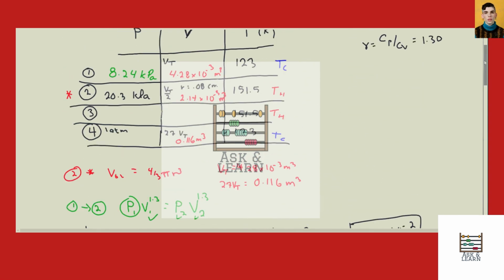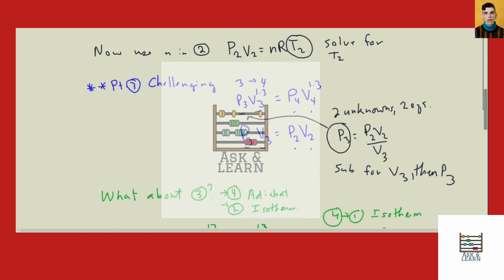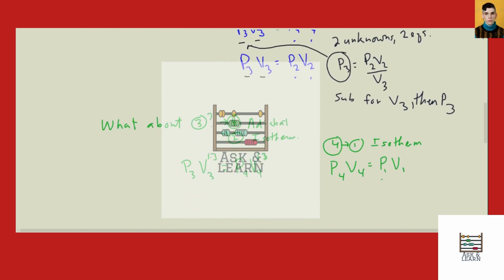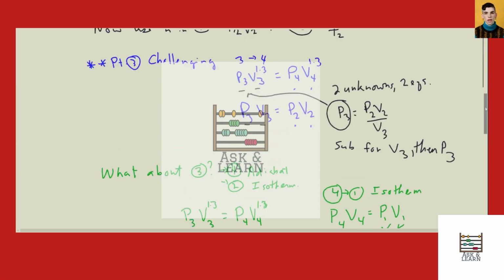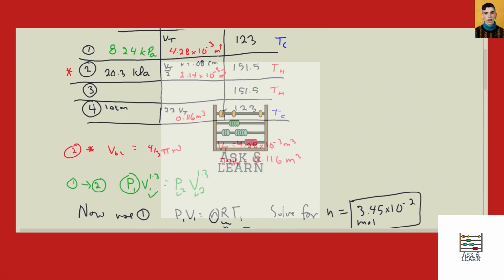And we definitely know both of those at point 1. And we also know the volume at point 4. So we can solve for pressure 4. And again, I'll spare the details, but we basically get 301 pascals.